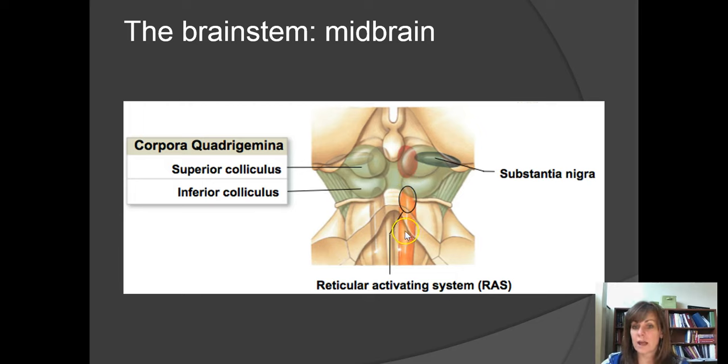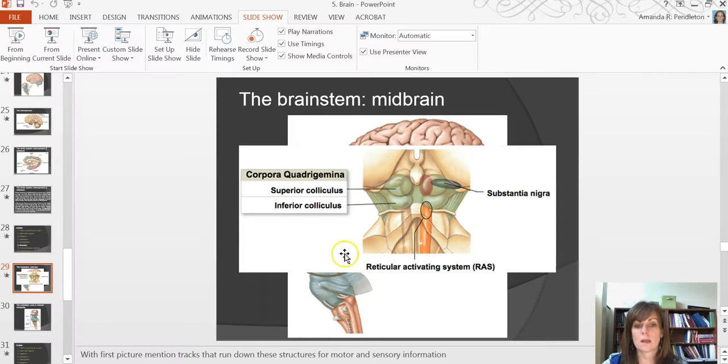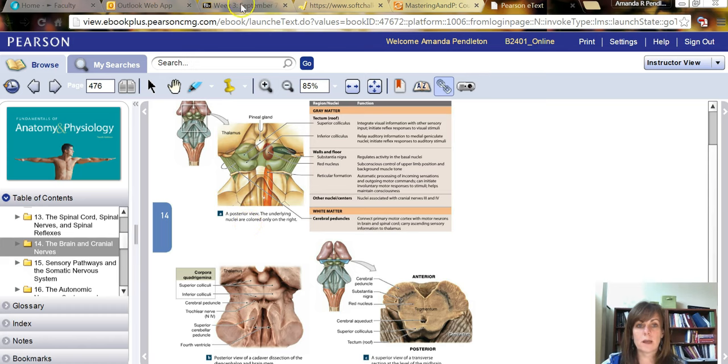If this activating system is permanently damaged, then it can result in coma. Okay, so an inability to maintain consciousness. So again, stimuli come in, activate this thing, and it says, hey, wake up.